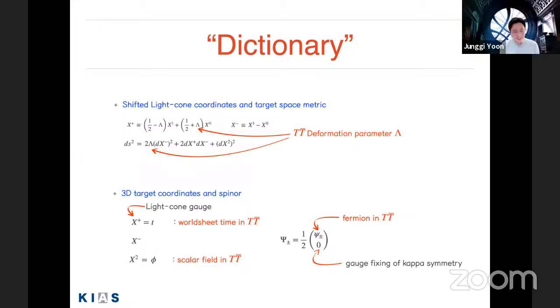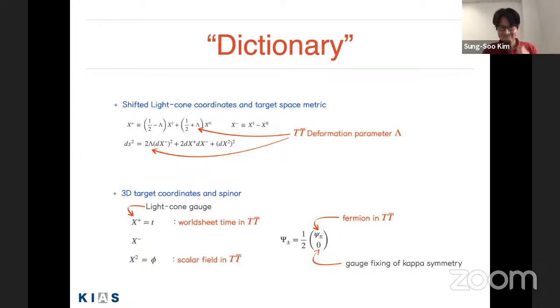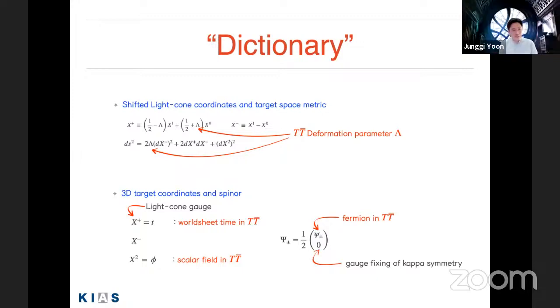So I think I ran out of time, so I cannot explain the details, but I would like to present some dictionary between the TT-bar deformed theory and the Green-Schwarz action. Here, the deformation parameter lambda appears in the definition of the so-called shifted light cone coordinates and the target space metric.